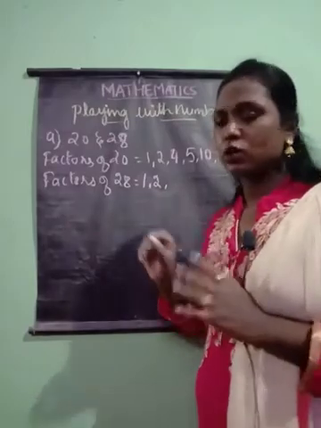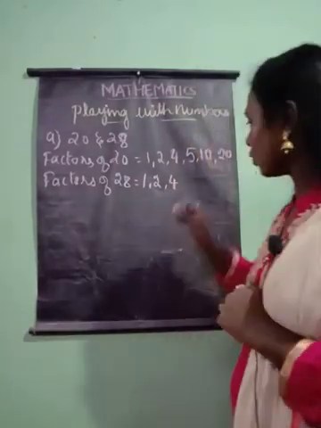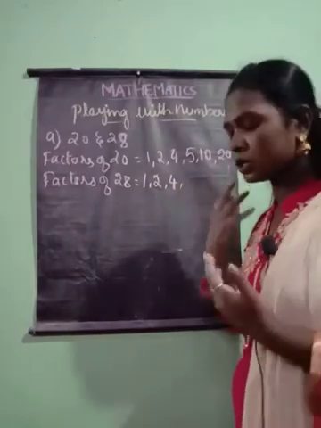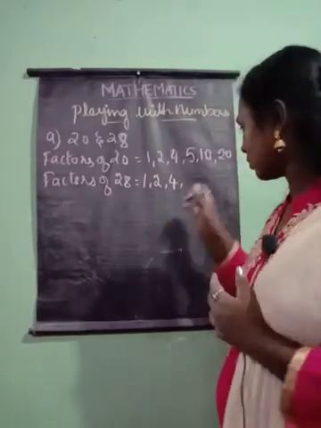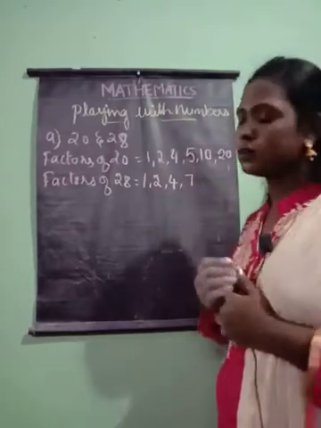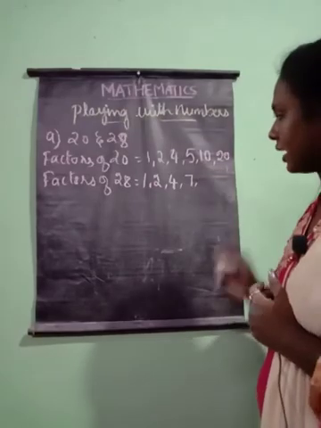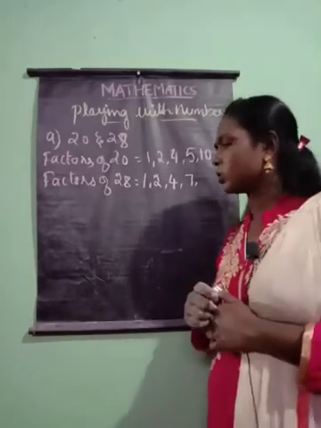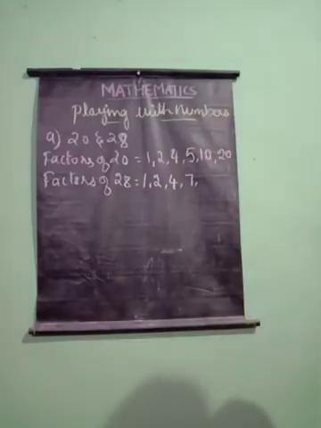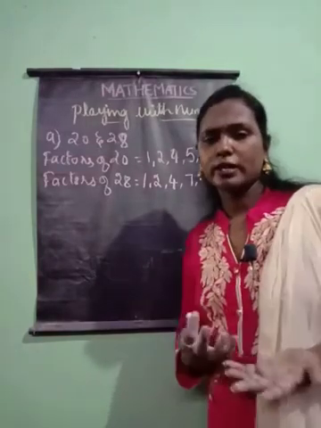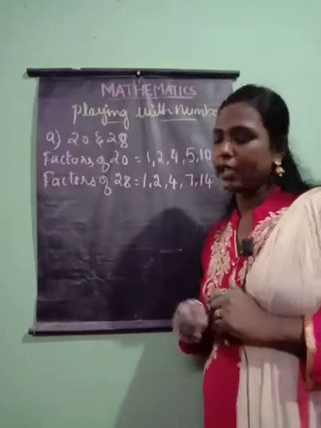In 3 ones, no. In 4, because 4 sevens are 28, we know. Not in 5, not in 6 also, not in 7, 7 fours are 28. Next, 8 ones we will not get, in 9 also not, 10 also not, 11 no, 12 no, 13 no, 14 we get, 14 twos are 28.